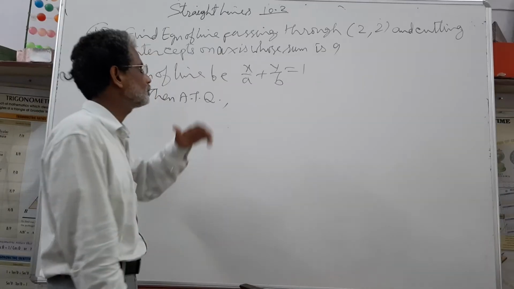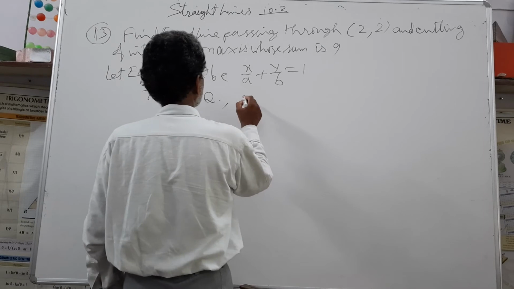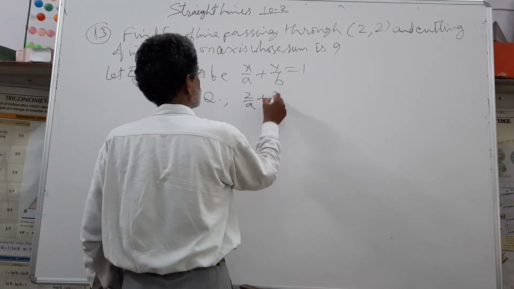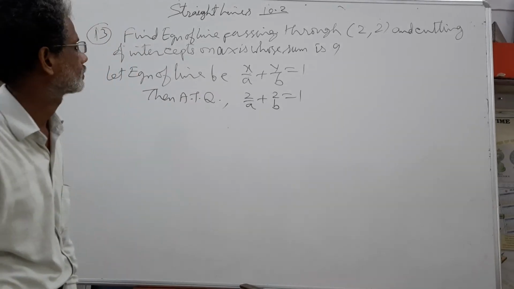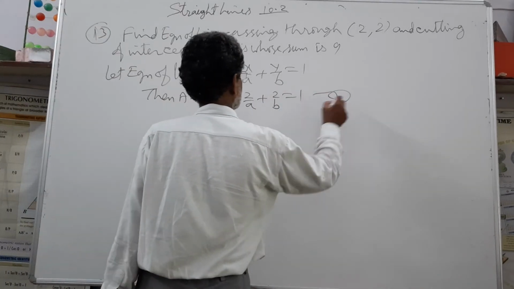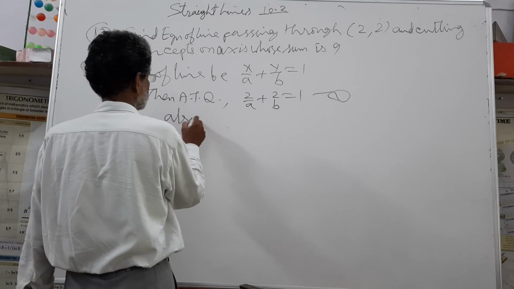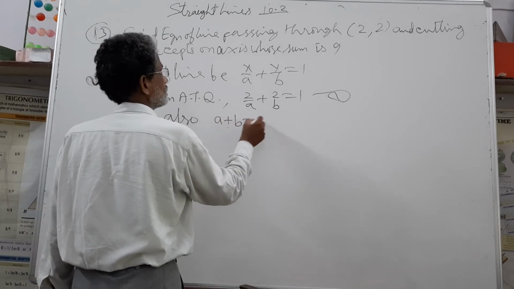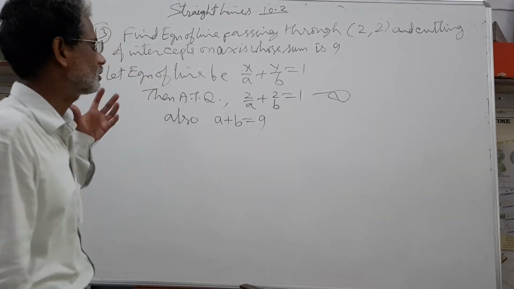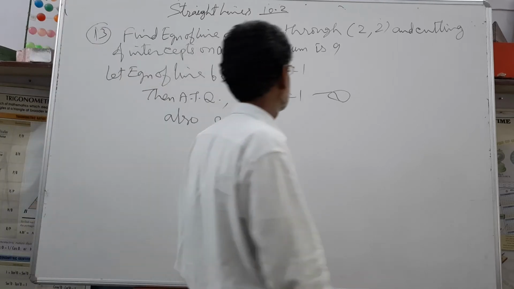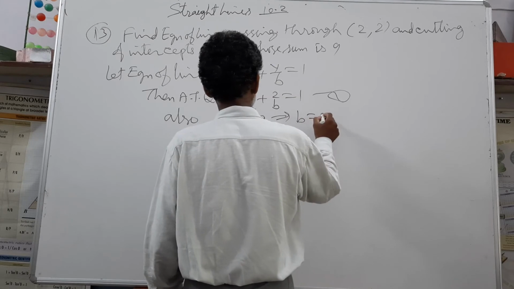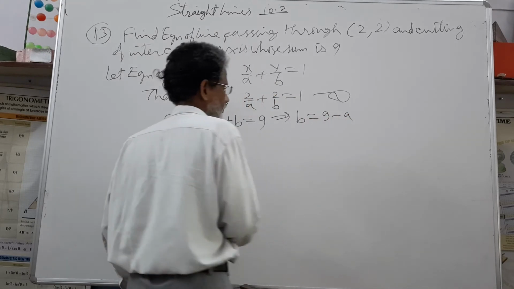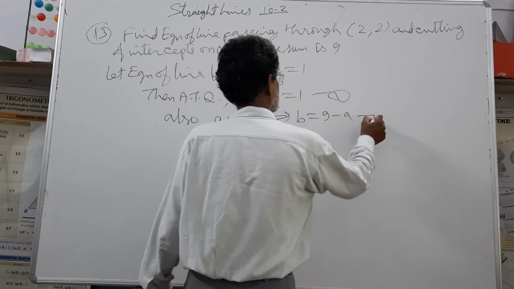So therefore, 2, 2 satisfies this equation. Therefore, 2 by a plus 2 by b is equal to 1. Equation 1. Also, a plus b is equal to 9. Sum of intercepts is given 9. This implies b is equal to 9 minus a. Equation 2.